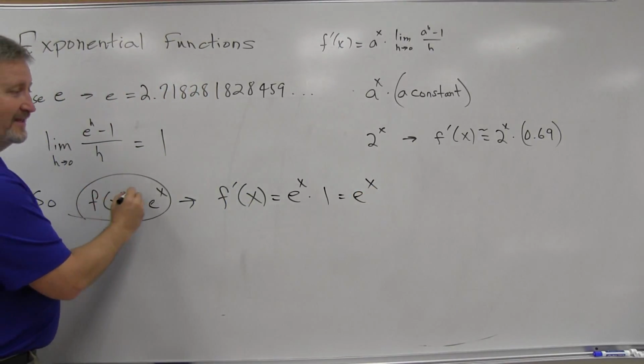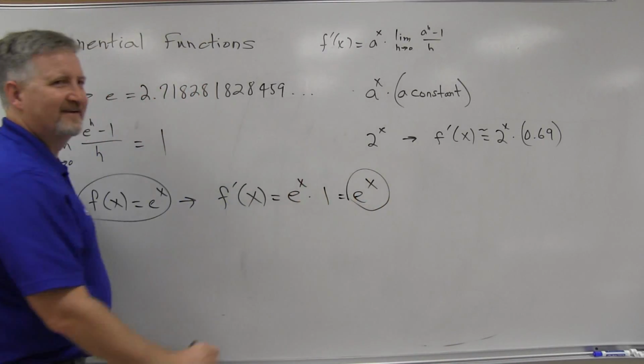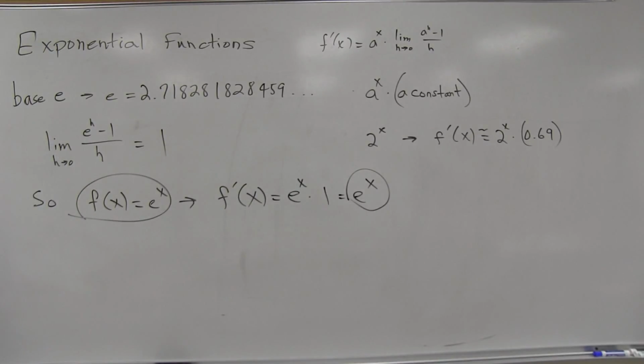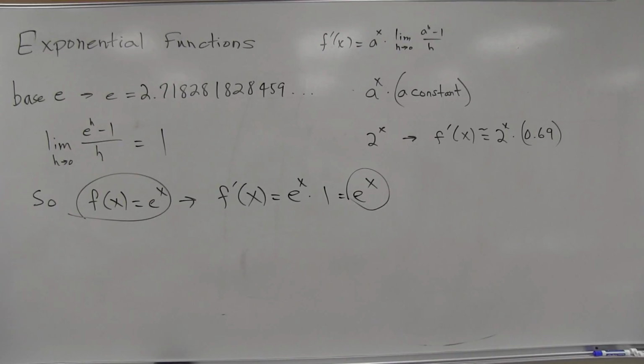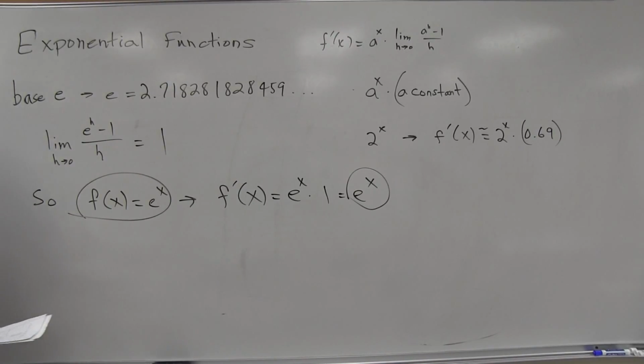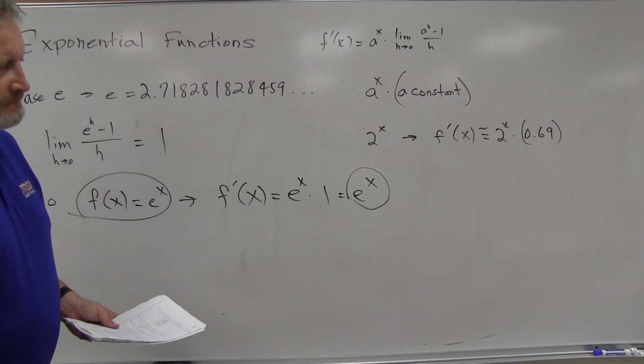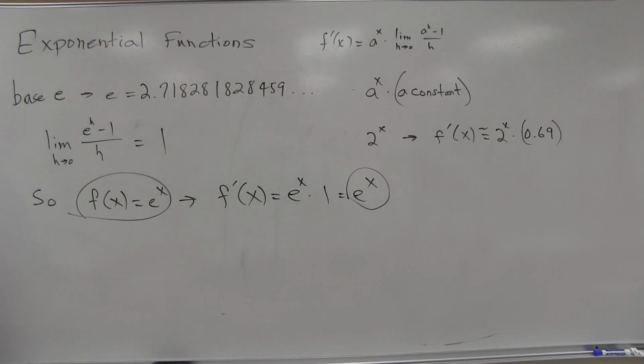So if f of x equals e to the x, the derivative is e to the x. e to the x is its own derivative. Pretty interesting little function, because what other function can you say that about? I don't think there's any. It's pretty nice.